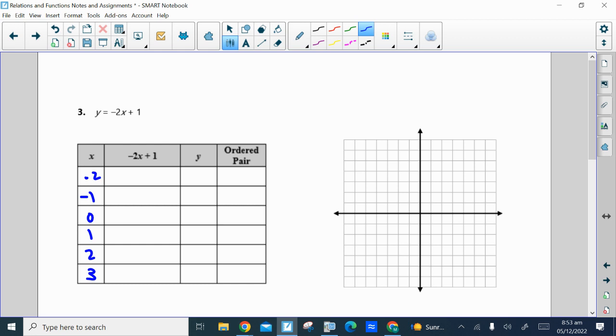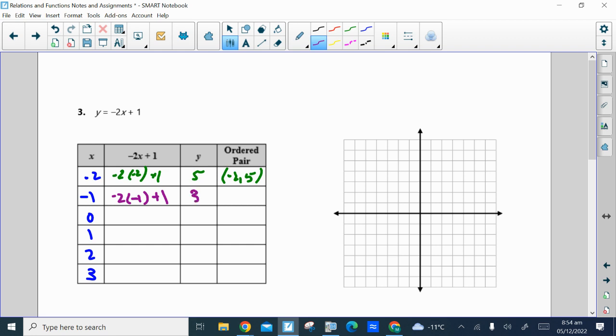So whatever numbers we choose for x, the equation says that we multiply the x value by the negative 2 in front of the x in the equation, and then add 1. So in this case, negative 2 times negative 2 is positive 4, plus 1 is 5. This is the point negative 2, 5. The next point is when x is negative 1, so it'll be negative 2 times negative 1 plus 1.